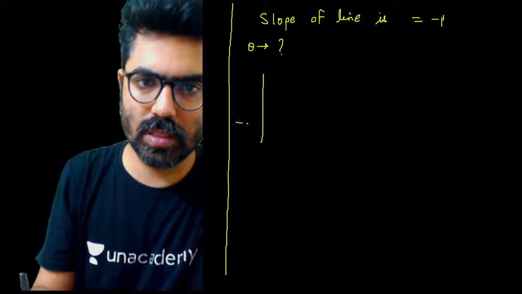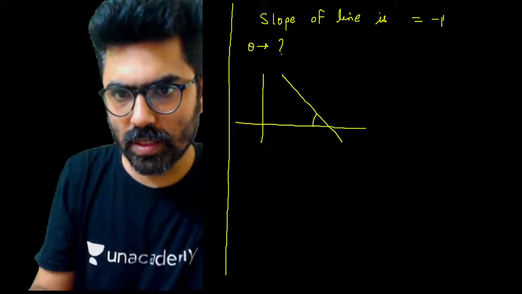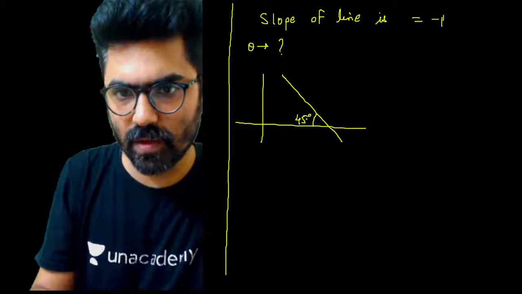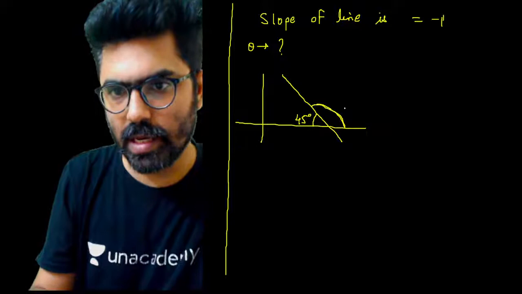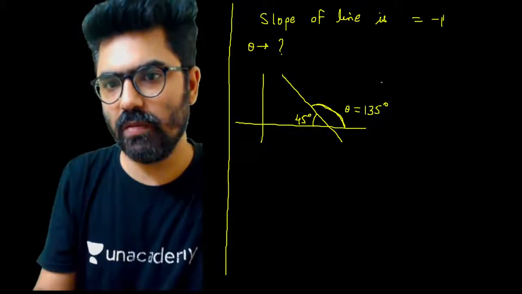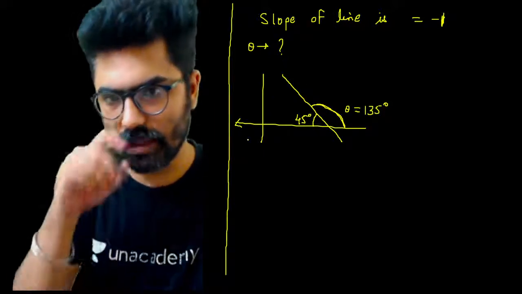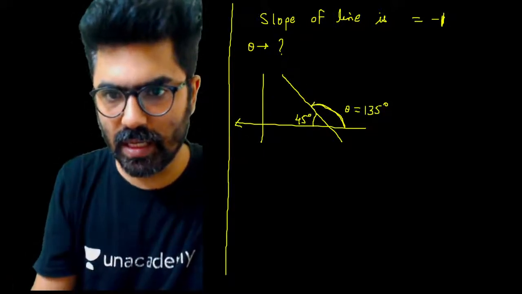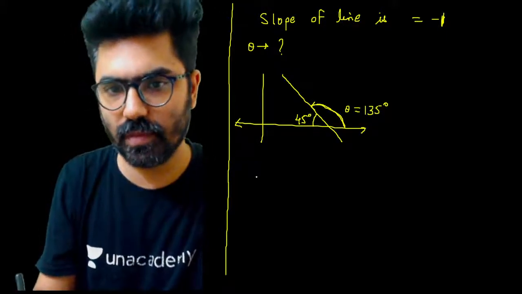In this case, slope is minus 1, so this angle will be 45 degree with the negative x-axis, but we need to answer always with the positive x-axis. So the final answer, measured from the positive direction of x-axis, is 135.